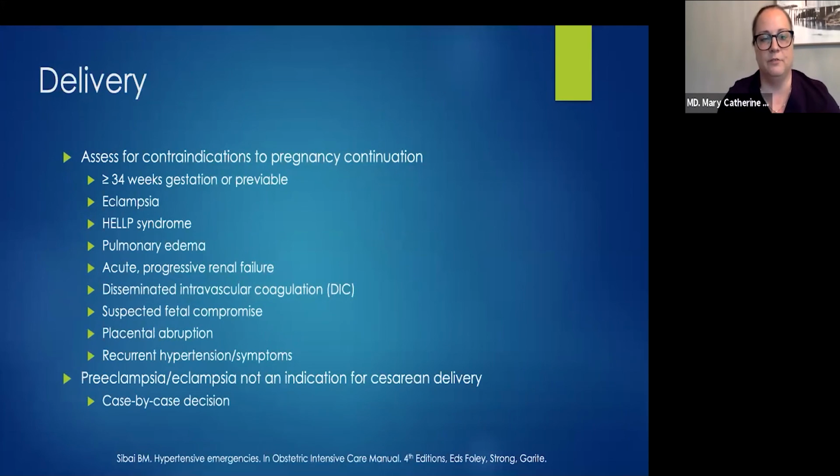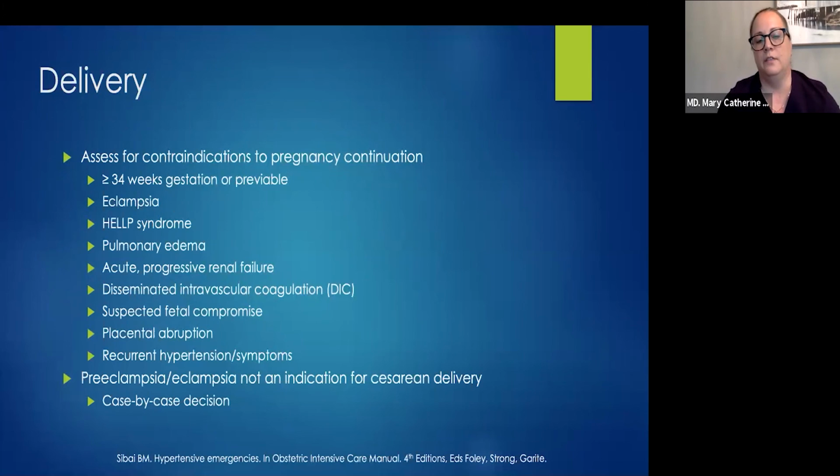In terms of delivery for preeclampsia and preeclampsia complications, it's very much case dependent and gestational age dependent, but I've listed here what we consider some contraindications for pregnancy continuation in the setting of particularly preeclampsia with severe features.